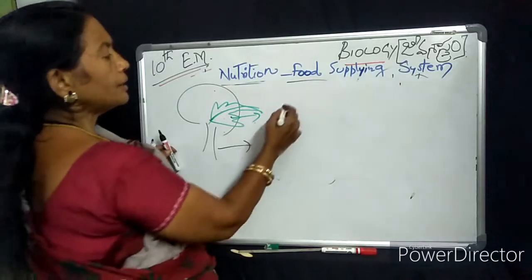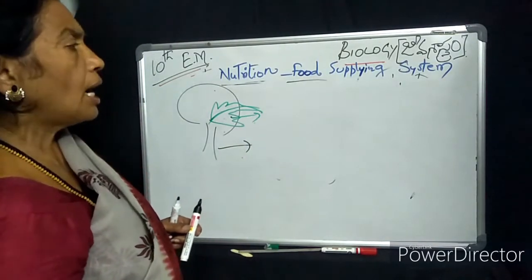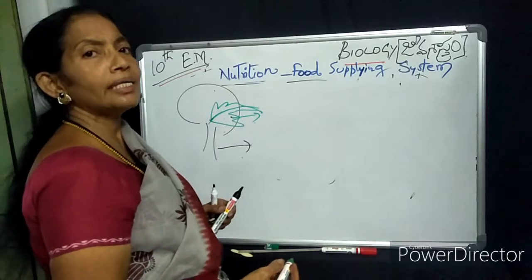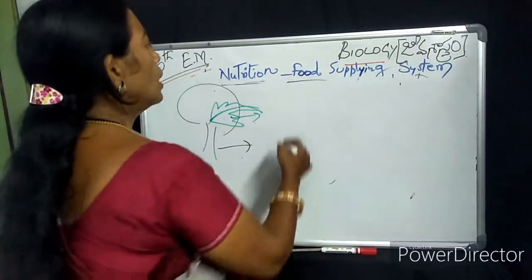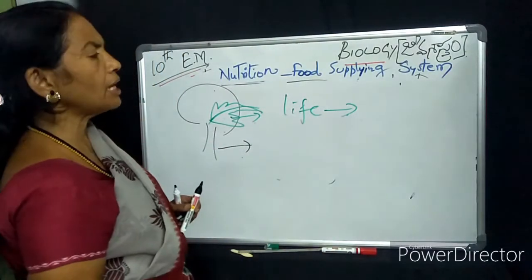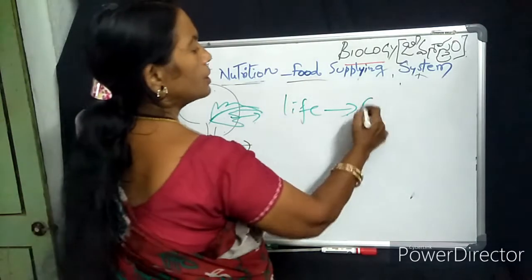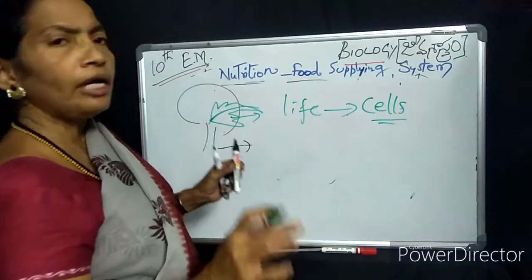In 8th class we already learned that every living organism has cells in its body. Animals or plants which have life have cells. That means the whole body is filled with cells.